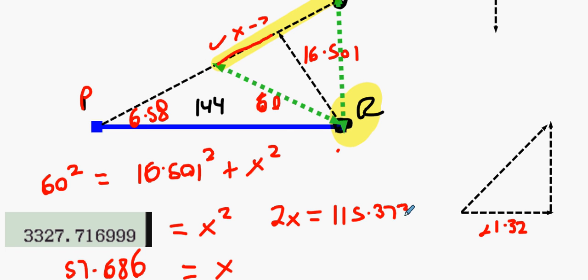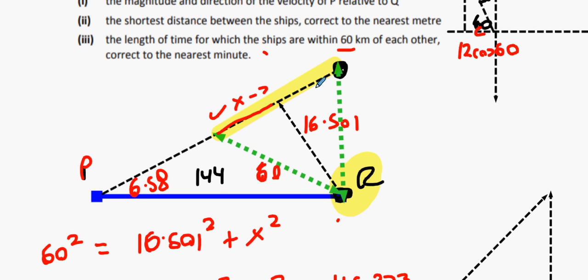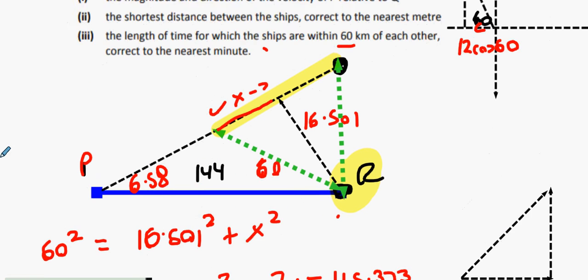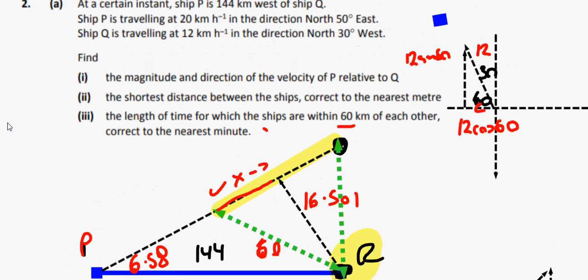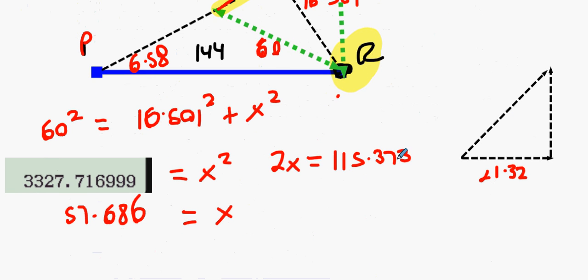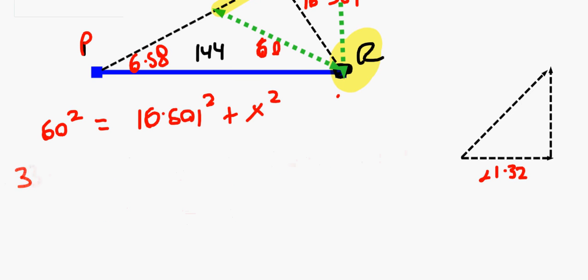115.373. Now, this is a relative distance, and it needs to be divided by the relative speed. And I can't remember what I said the relative speed was earlier. I'm going to find out where the speed was from earlier. I had it a minute ago.